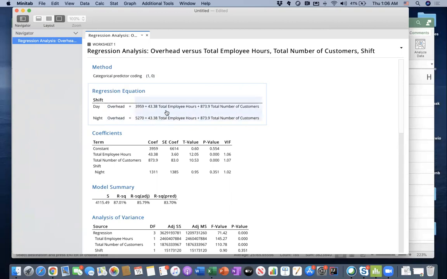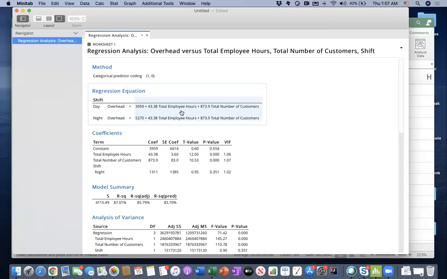So what we can see here is the overhead cost is increasing if I'm increasing my total employee hours, whether it is a day shift or night shift, it doesn't matter. Well, night shift comes with more overhead costs because the intercept is already 5,270 versus a day shift, which is 3,959.